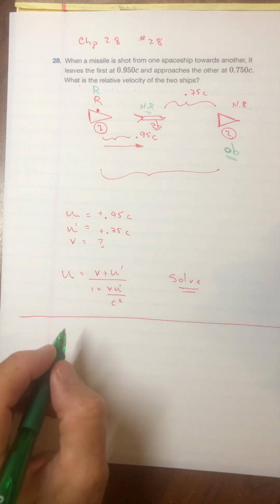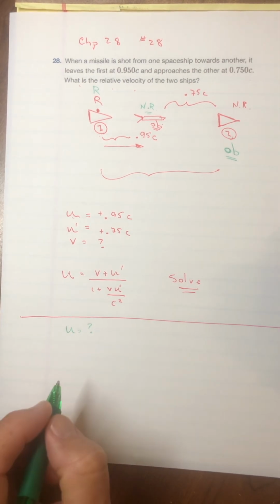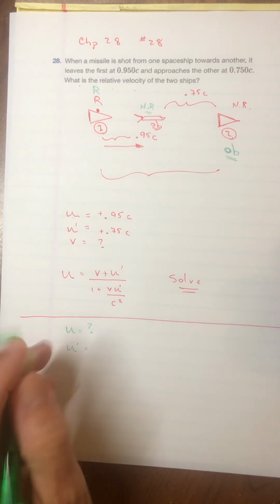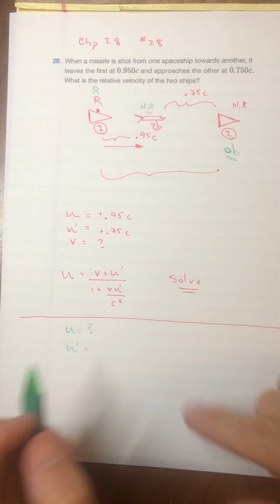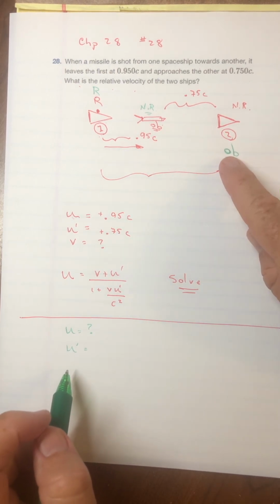And so in that scenario, I'll call it green, I'm looking for the u. The u prime then is the velocity of the object from the non-reference.